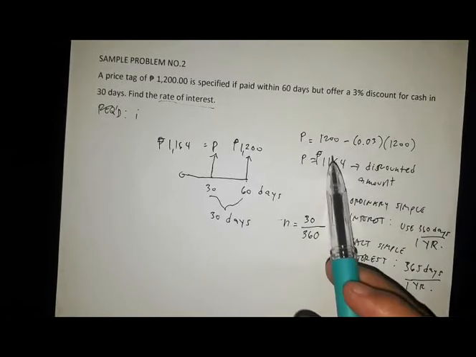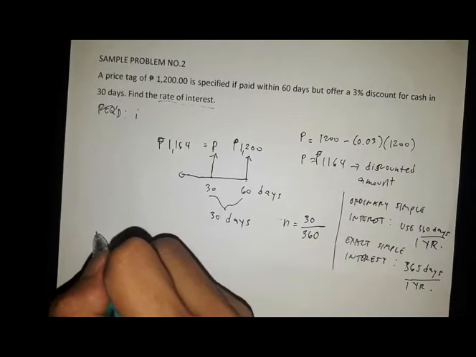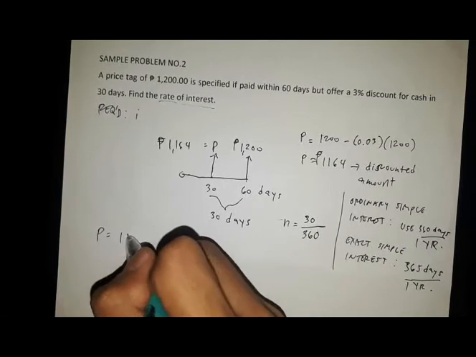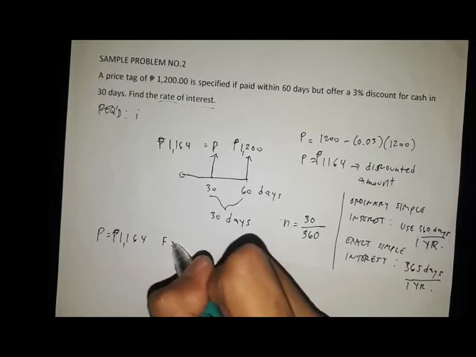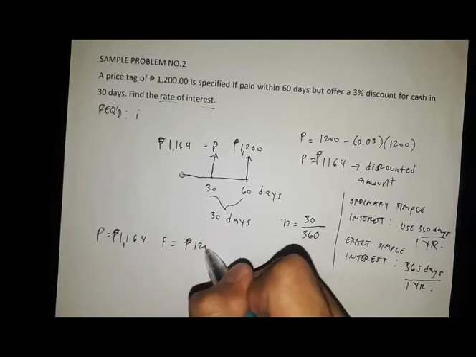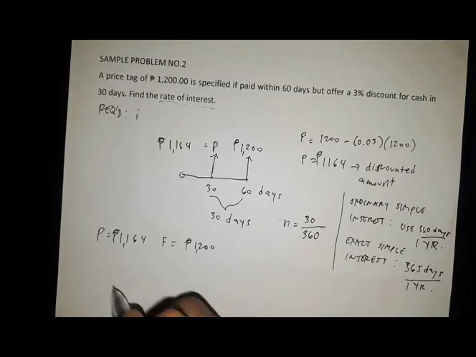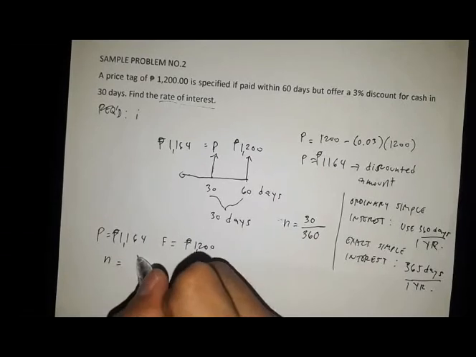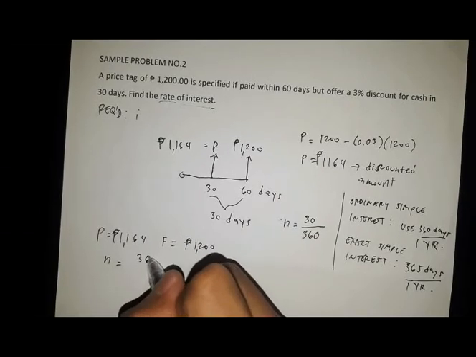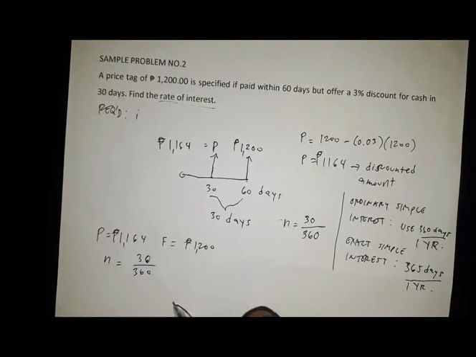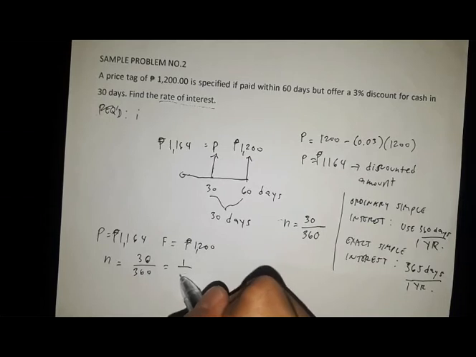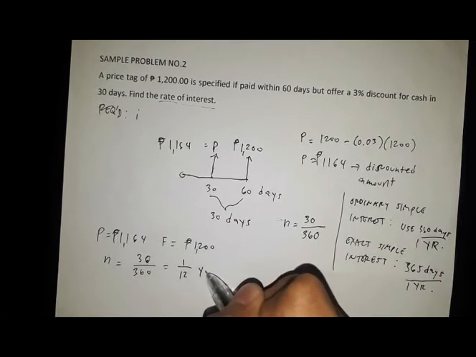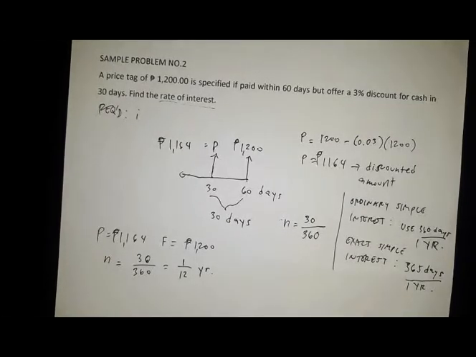Now we have P. So again, we have P equals 1,164 pesos. We have F equals 1,200. We have n equals 30 over 360, or 1 over 12 year. Now we can solve for the value of i.